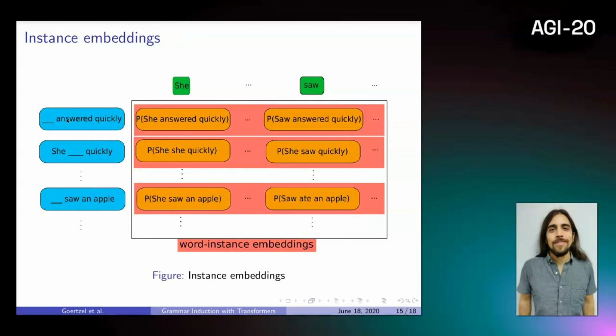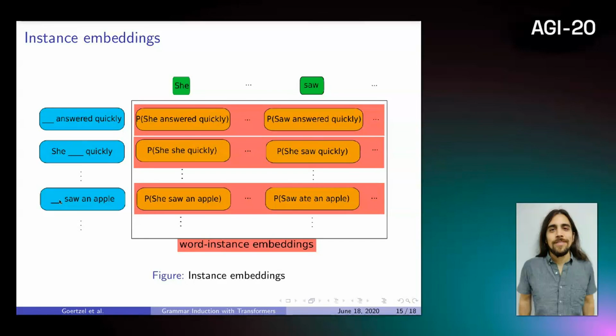For word senses, as I mentioned before, you would use the word that appeared in this blank originally. So in this case, she. This would be the embedding for the word she, and we're asking which other words fill the same function as this instance. Because she is not a very good example, let's say saw.